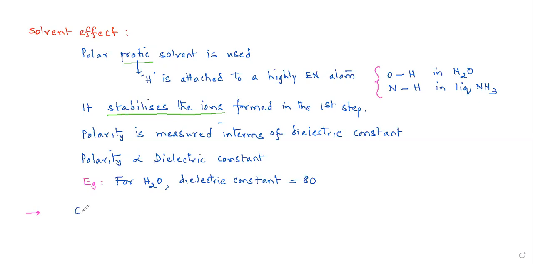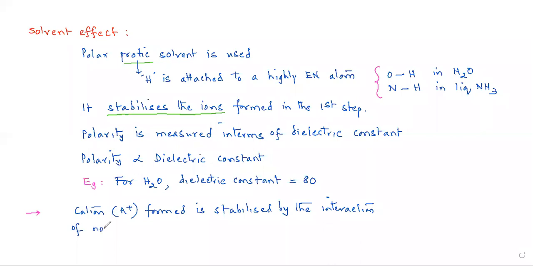See, the cation, that is the alkyl carbocation formed, is actually stabilized by the interaction of the non-bonded electrons present on the oxygen atom of the OH group of water. Let me show you that.